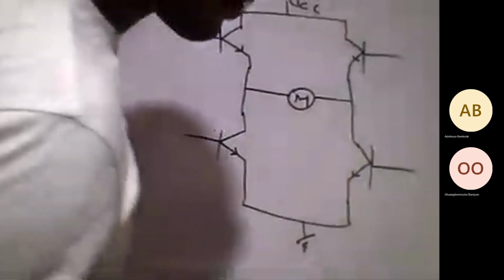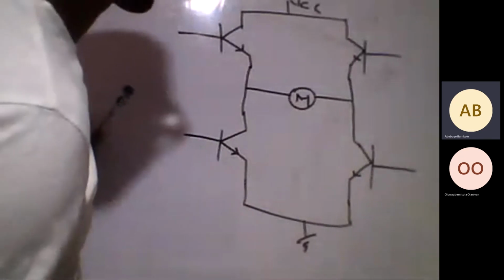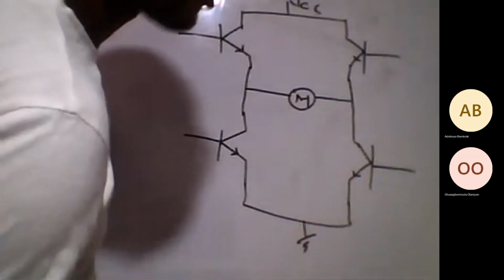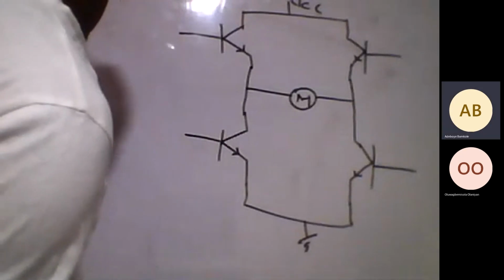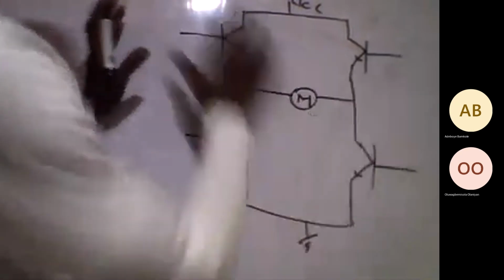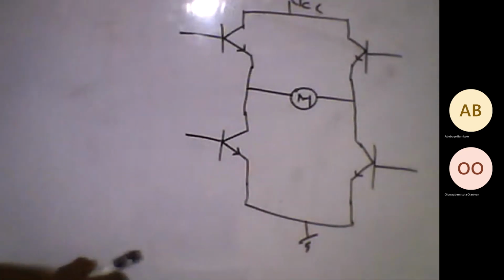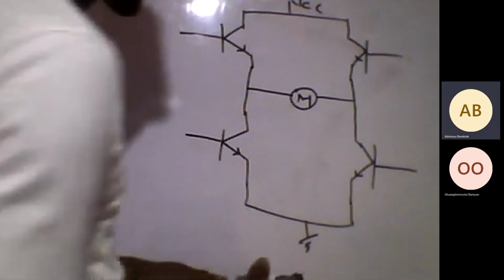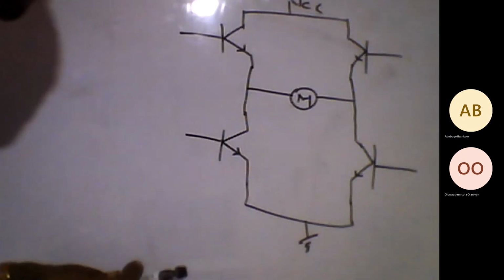If you supply current to the base, what would happen? The current will be amplified at the emitter. If you supply nothing to the base, what would happen? There will be no current supplied. So, looking at this, there is no current at the base. What's going to happen here? No current supply. Are we together? Yes, sir.